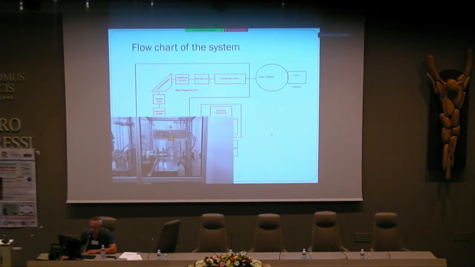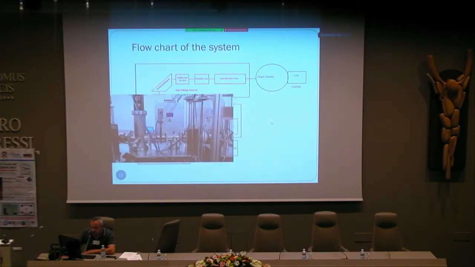And here is our system. This is the ion source. As I said, it's ECR, and it gives us very good parameters. It's a state-of-the-art ion source. Then we go through the beamline.